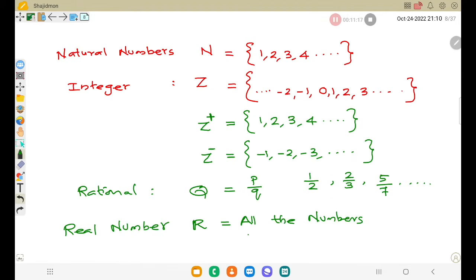That means 1, 2, 3, 4, 5, 1.1, 1.2, 1.3, -1.1, root 2 or 1 by 2, all of these are real numbers. So this is the basic number system you studied before, and we use it while doing the questions.